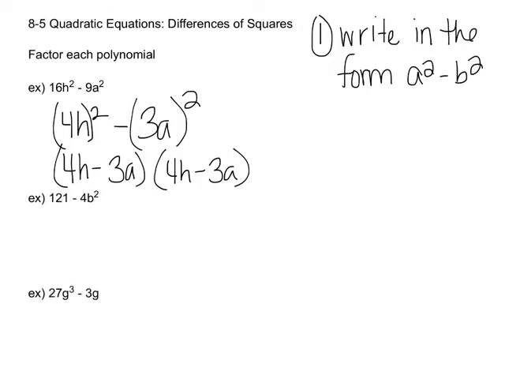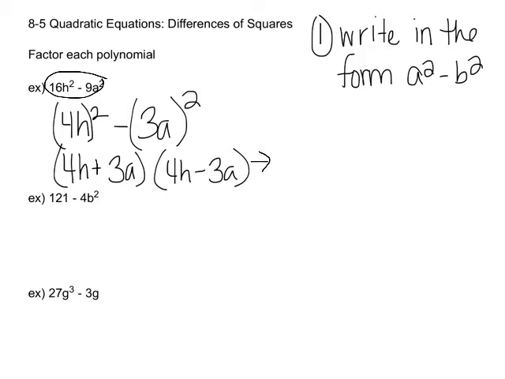And since I know that I don't have that middle term like I usually do in a polynomial, then I realize that one of these terms has to be positive and one has to be negative because they're going to cancel each other out. So I'm just going to make one of them positive. And we could even test this to make sure that we get our 16h squared minus 9a squared.